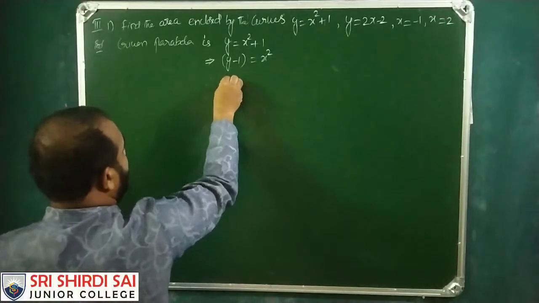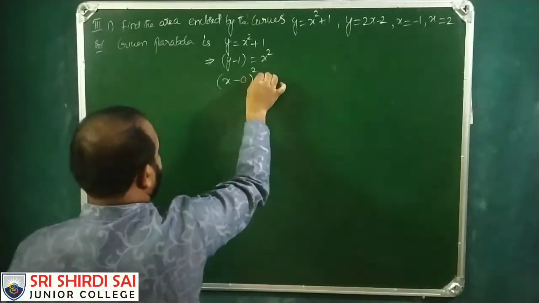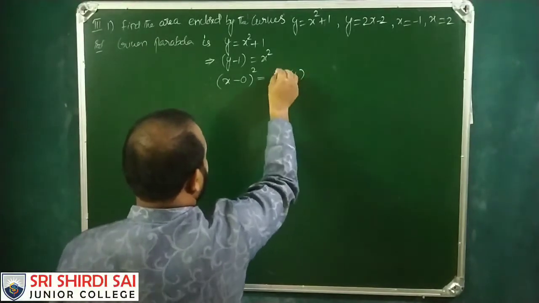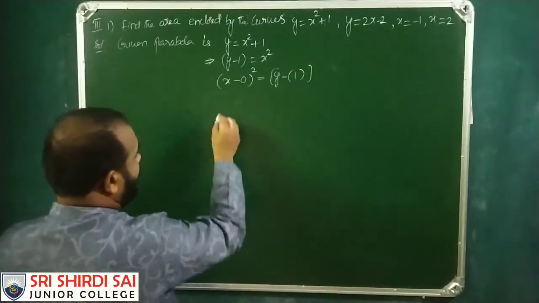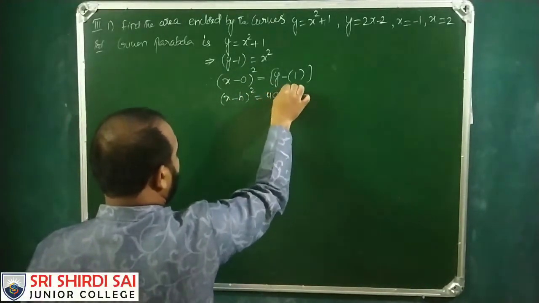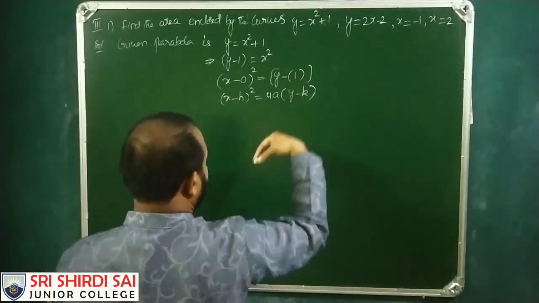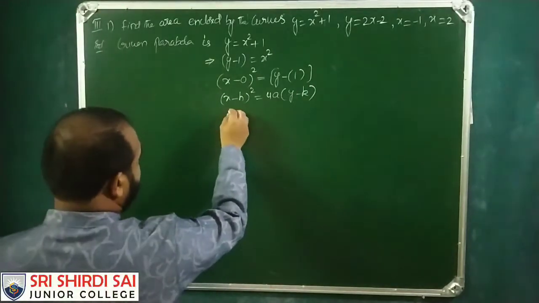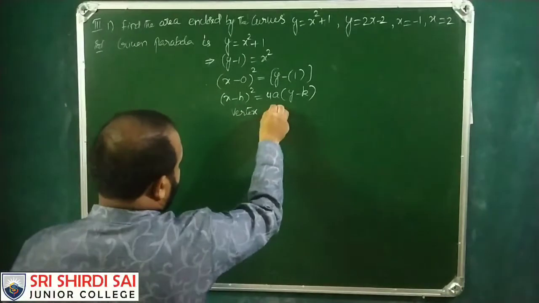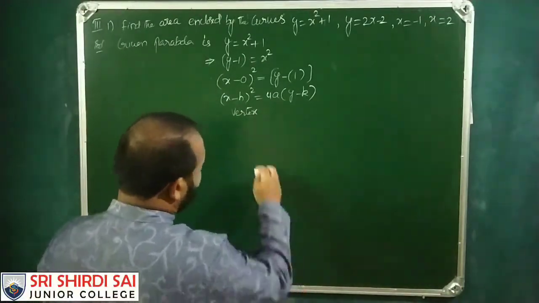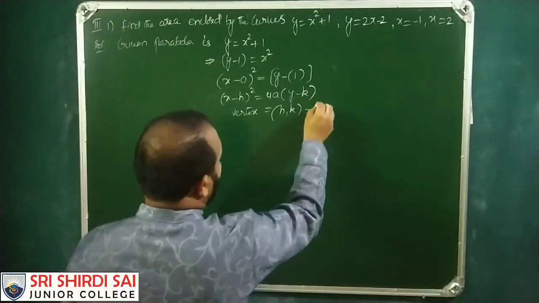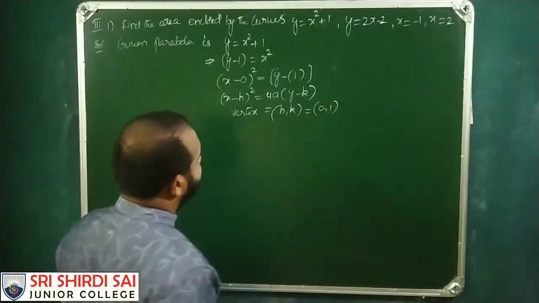Therefore, this is of the form x minus 0 whole square equals y minus 1. So this is of the form x minus h whole square equals 4a into y minus k. So its vertex is h comma k, which is 0 comma 1.